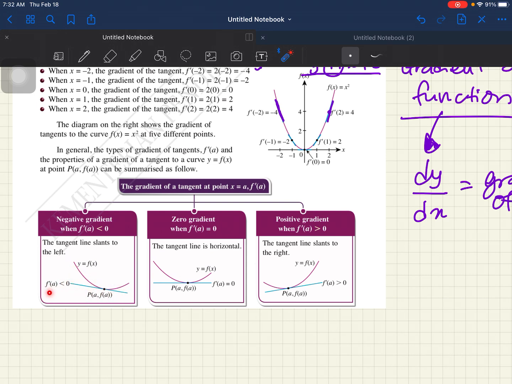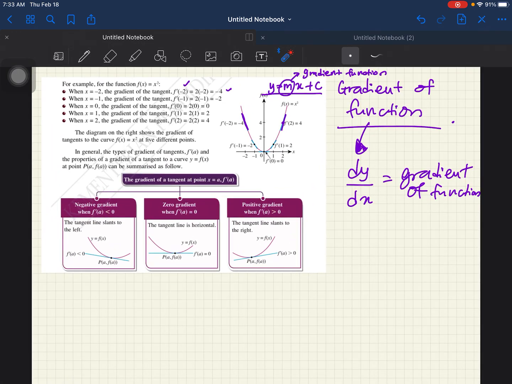Okay. So gradient function dia mesti less than 0 ataupun negatif. Okay, kalau dia straight begini, so tangent line dia adalah horizontal. Kalau check dapat kosong. So maksudnya dia adalah straight line. Okay, tapi kalau gradient dia ke atas, so maksudnya gradient dia m dia adalah lebih besar daripada kosong.